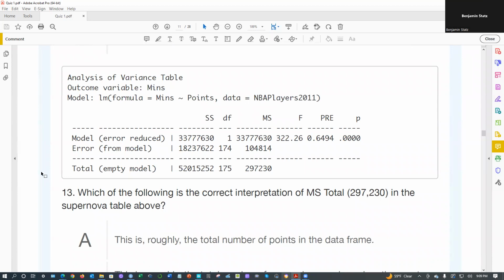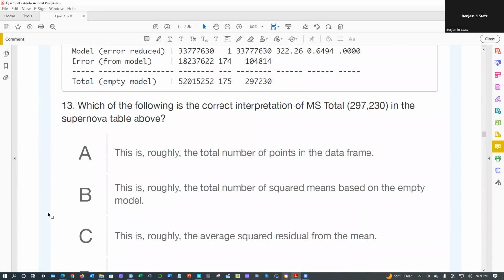Okay. Which of the following is the correct interpretation of MS total, mean square total, 397.230 in the supernova table? This is roughly the total number of points in the data frame?